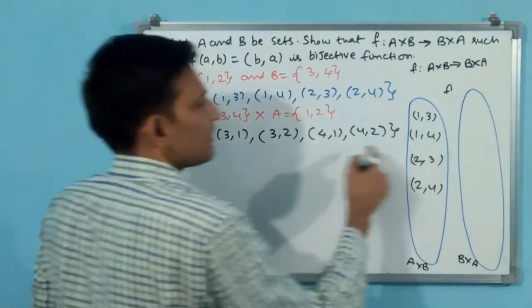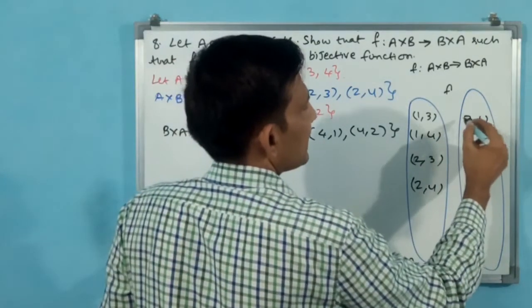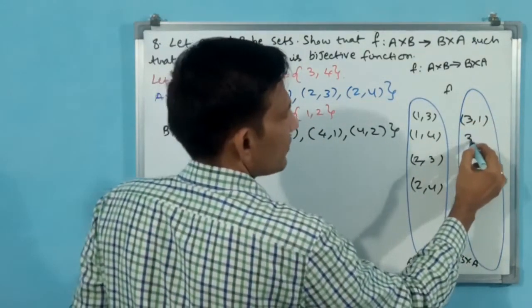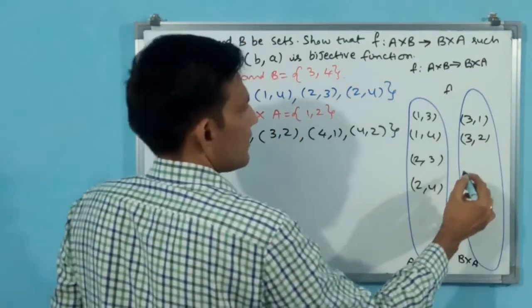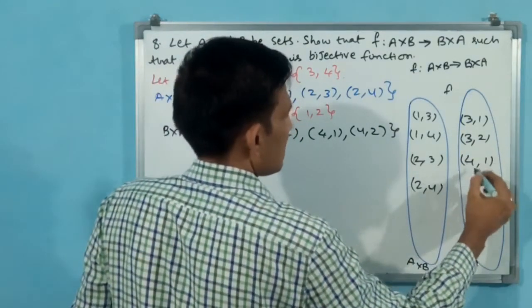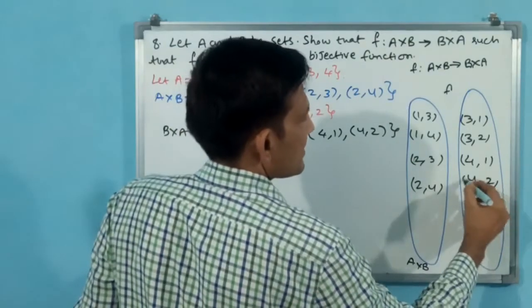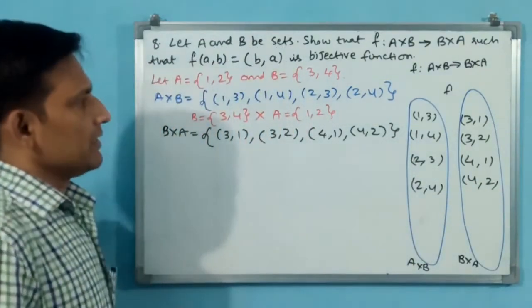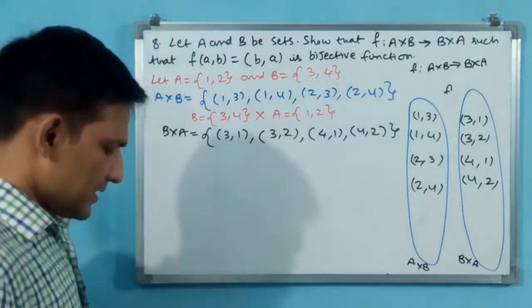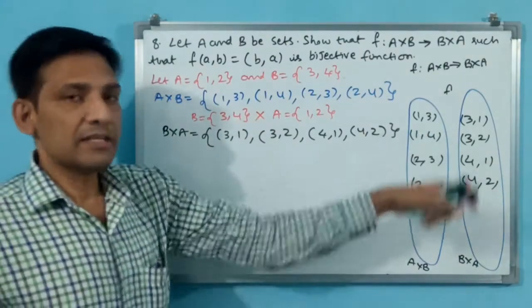B cross A has (3, 1), (3, 2), (4, 1), (4, 2).